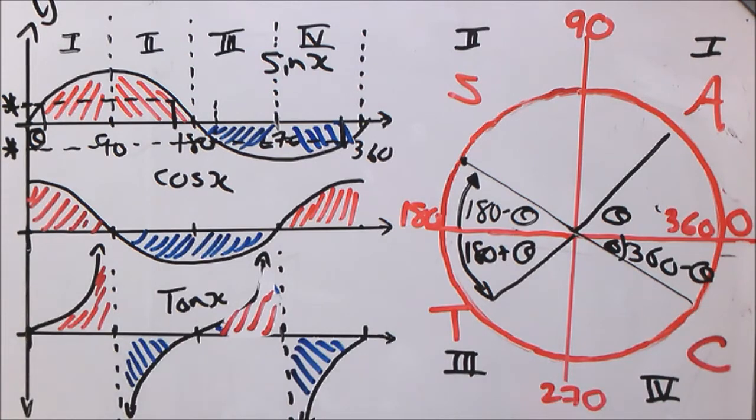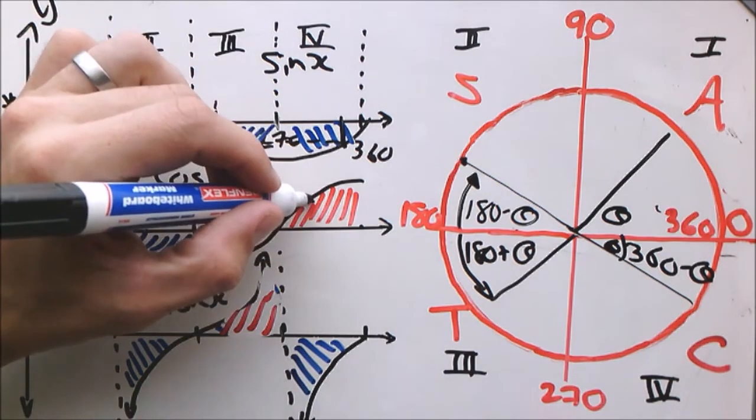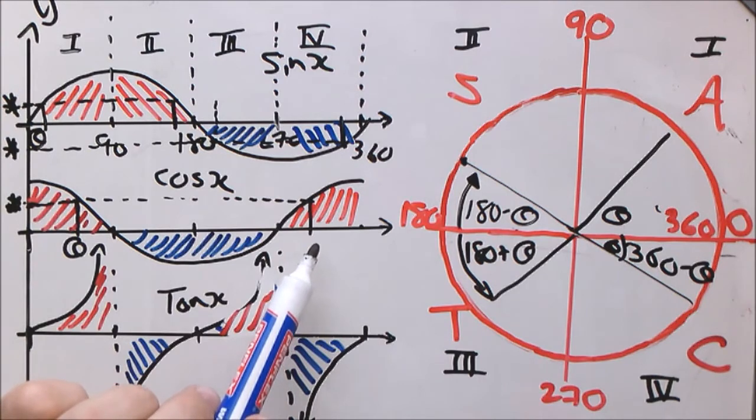So we're going to take this exact same pattern and apply it to the cos graph as well. So let's look at any specific value. Let's say that is theta. Whatever value we got there will be the same if we say 360 minus theta. You can see it's in the fourth quadrant.